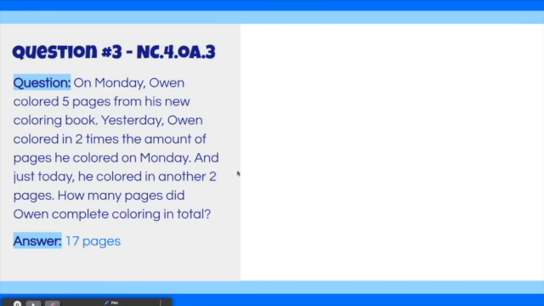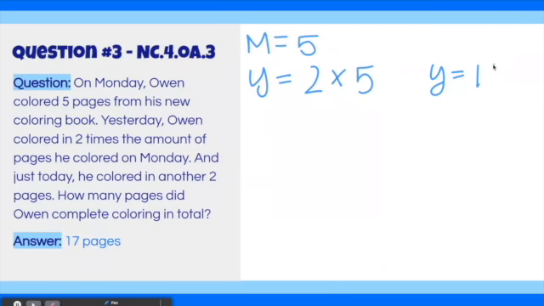So this question has multiple parts to it. We already know from the question that on Monday, which is represented by the letter M, he colored in 5 pages. Yesterday, which is represented by the letter Y, he colored in 2 times the amount he colored on Monday, which is 5. 2 times 5. So yesterday, he colored in 10.